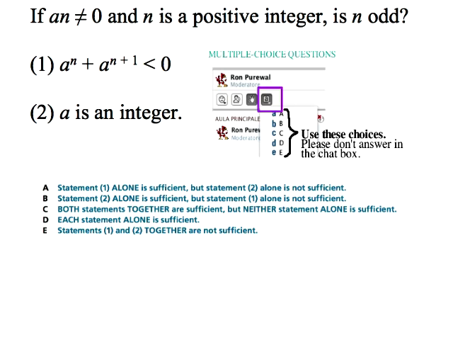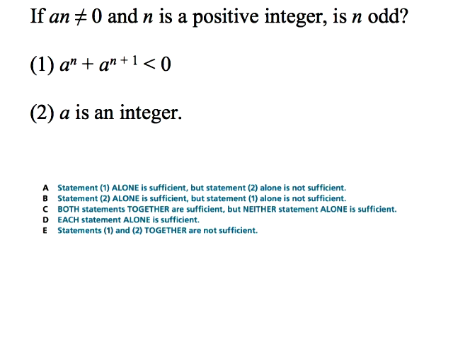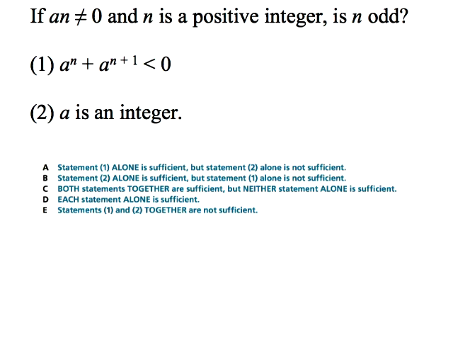So when you think about these problems, what's neat about this is how much the statements have to say about each other. Statement 2, for example, says that A is an integer. When you see this, what does this mean that you should immediately start thinking about when it comes to statement 1? You should think about things that aren't integers.